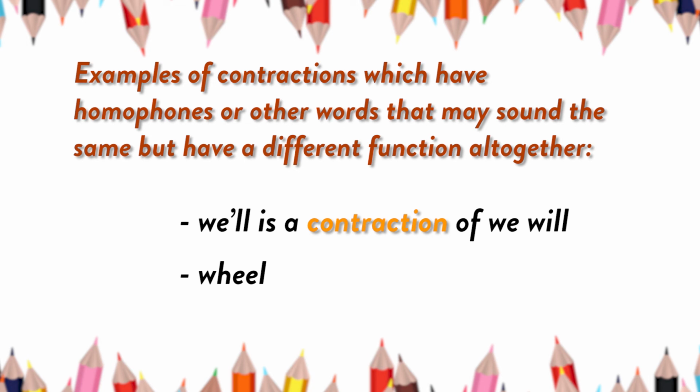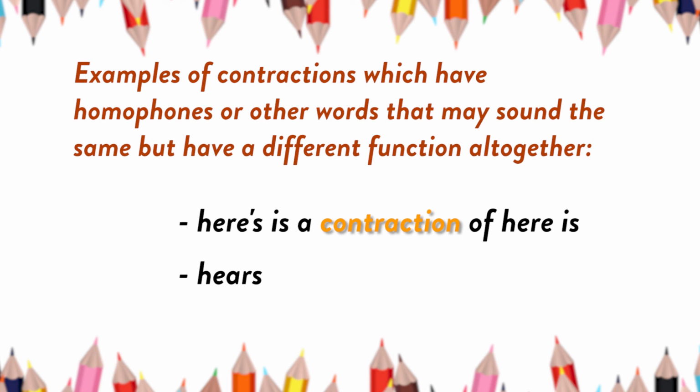We'll. Now, we'll is a contraction because we would have joined we and will. But then we have the word wheel, like if we're talking about the wheel of a car, a bicycle, a bus. So you see, we're having the same sound, but they have different functions altogether, and they're spelled differently as well.